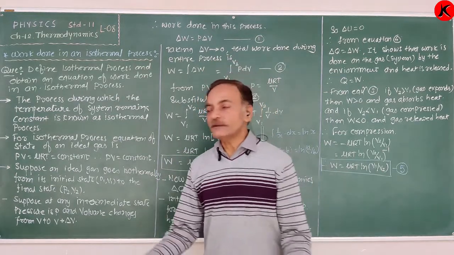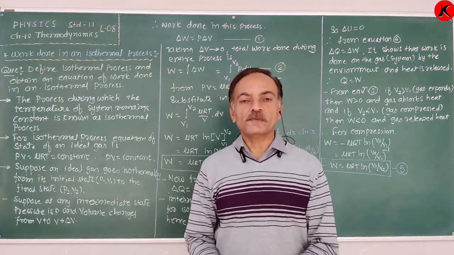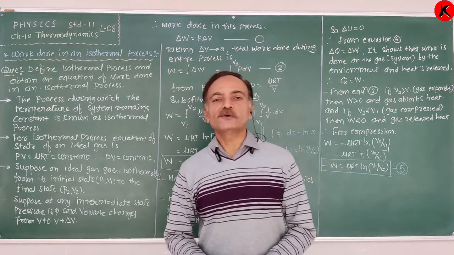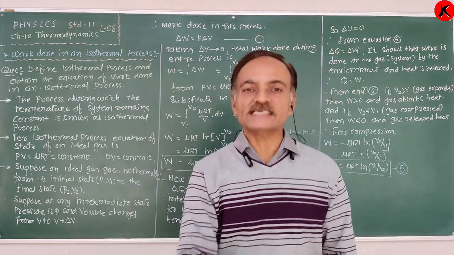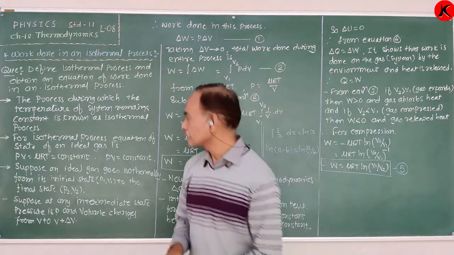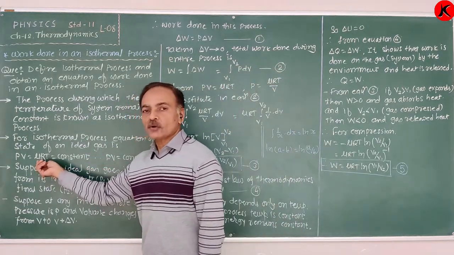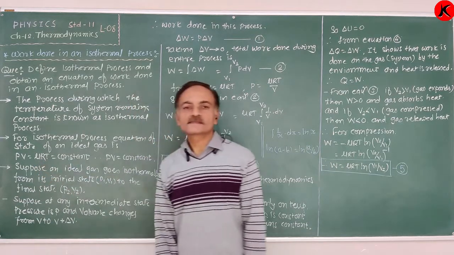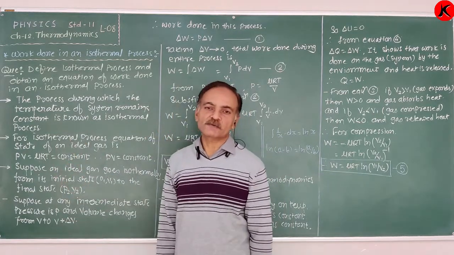Okay. Now the temperature is constant. So we have the equation of state of an ideal gas: PV is equal to mu RT. For an isothermal process, temperature is constant. Mu is the quantity of gas, that means the amount of gas in moles. R is the universal gas constant, and T is the temperature of the system.